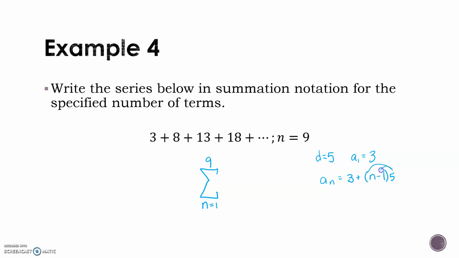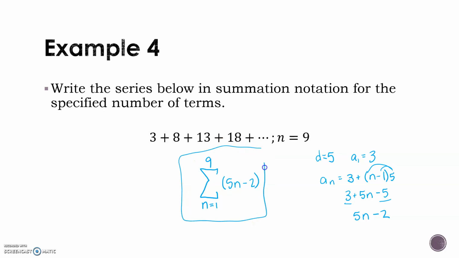I'm going to distribute that 5 to everything, and I get 3 plus 5n minus 5. I'm going to combine those together, and I'm going to get 5n minus 2. There we go. So this would be your final answer.